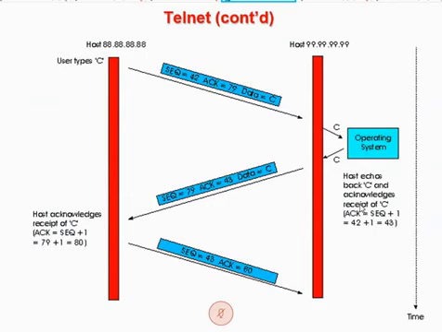That means 43 is confirming back as an acknowledgement for the data C that it has received. Then again, the sender will send with another sequence number, acknowledging sequence number 79 plus 1, 80. This way the handshake takes place and data flows on a telnet.